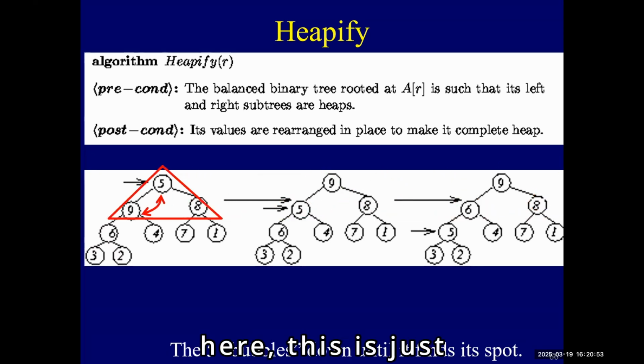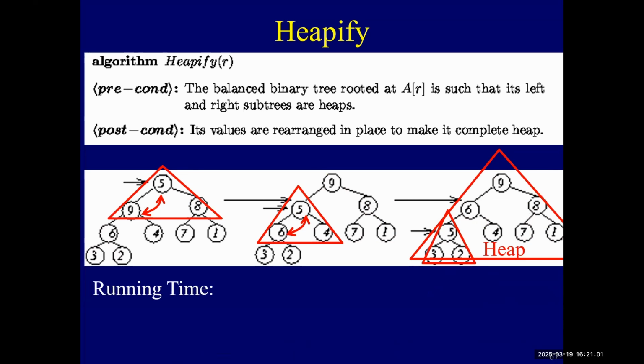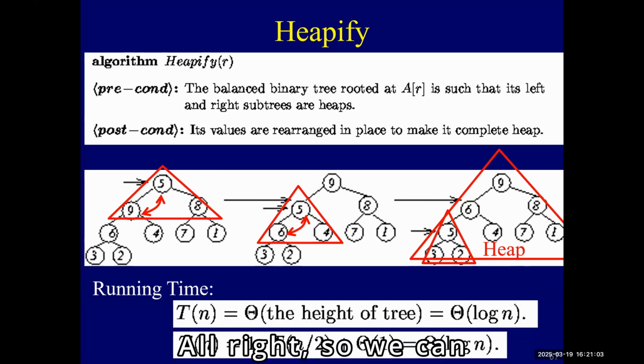All right, so here, this is just what we're doing. Everybody get this? Right, and then you stop. Running time. All right, so we can analyze the running time either as a recursive program, so this program is going to take log n.